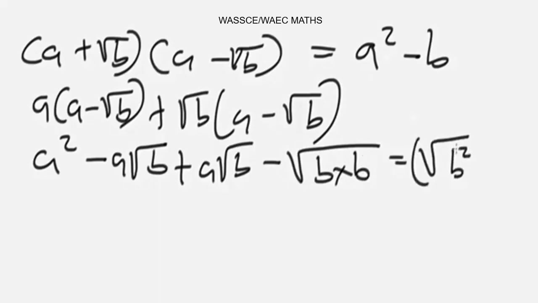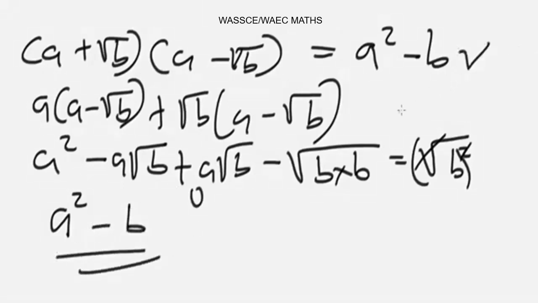So this, you enclose it like this. This square cancels the square root. So our final result will now be A square minus A square root of B plus A square root of B, which will give us 0. Just like saying minus 1 plus 1 will give you 0. Okay, so we will be left with A square minus B. Alright, so that's how we got this. So it's as simple as that.